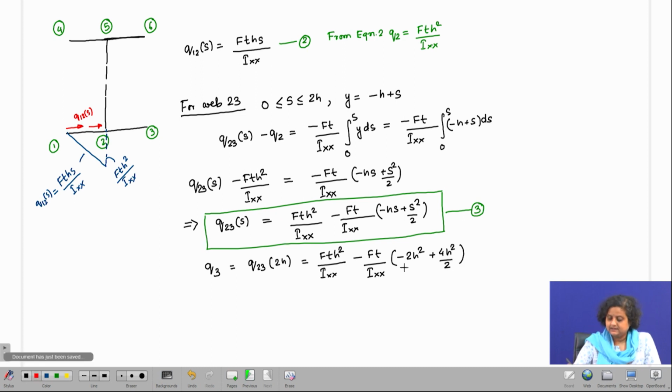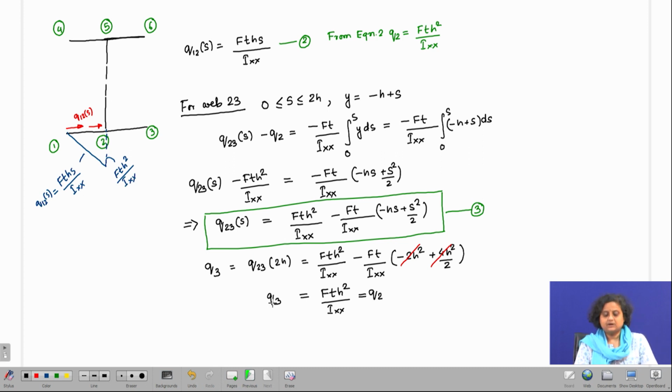Now, we can see that this and this are cancelling out, and Q3 remains to be Ft H square by I xx, which is equal to Q2. So, this is also true from other perspective, that because there is a symmetry in the cross section, Q2 has to be equal to Q3, because Q2 and Q3 are symmetrically placed about the x axis, and therefore, this is the expression that we have.